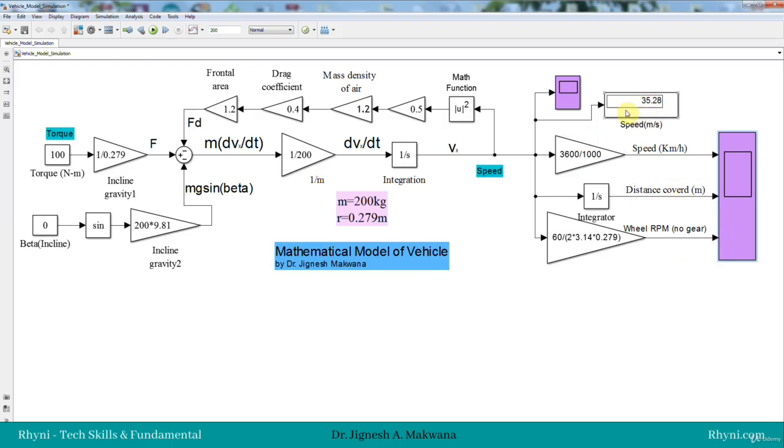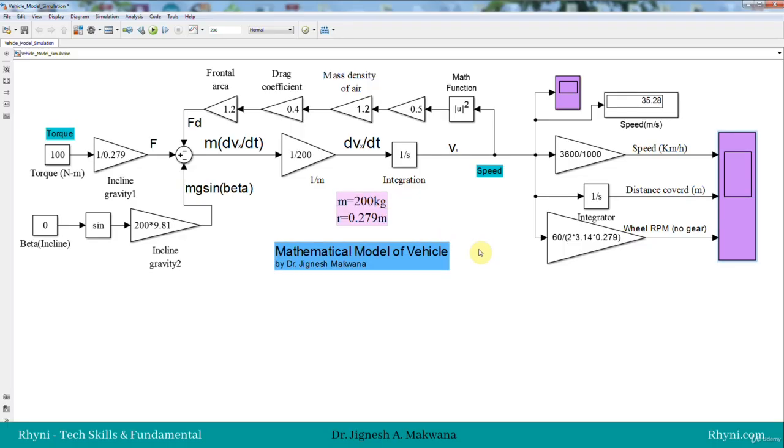So you can use the display block for all this also. You can measure the speed, wheel RPM and distance traveled for the applied torque. This is how we can also increase the inclined angle to observe the performance. So this is how we can simulate the vehicle model with the help of MATLAB blocks.